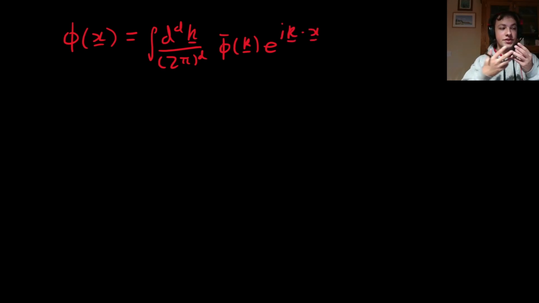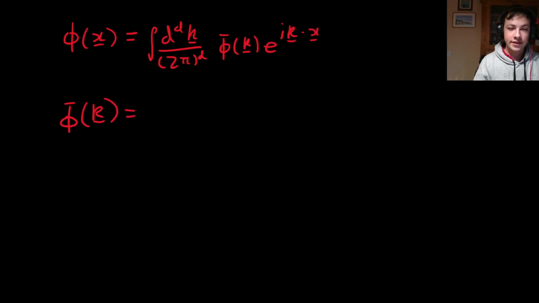So any function of position can be thought of as an integral involving this function over momentum space. And likewise, phi bar k is the integral d dx of phi of x, and we get a minus sign in this exponent from before.